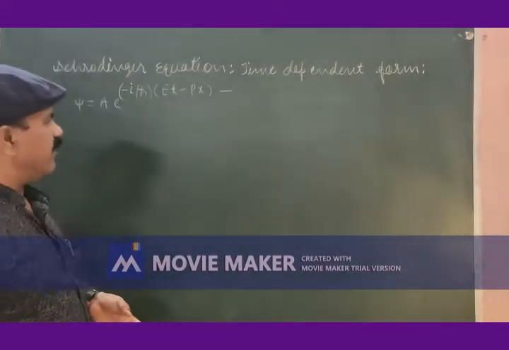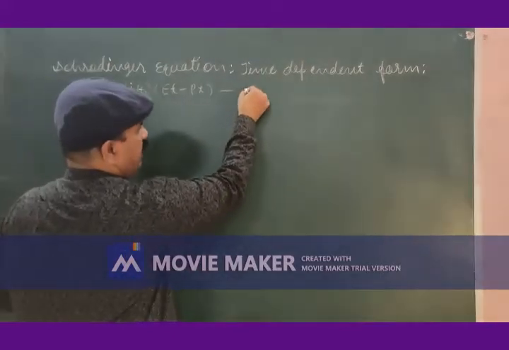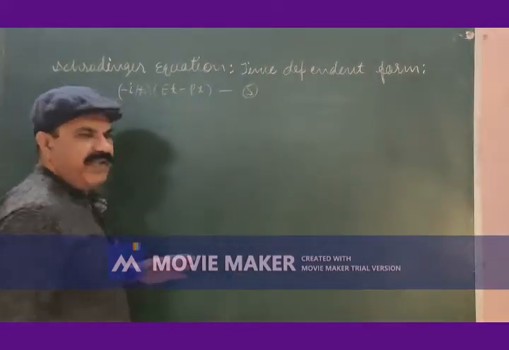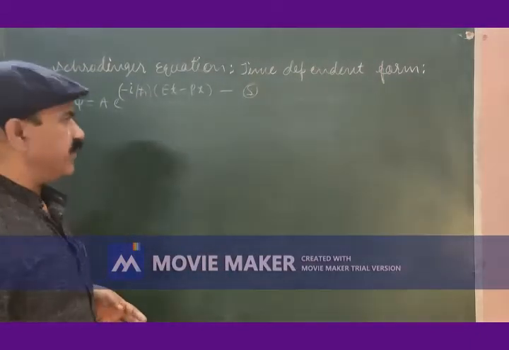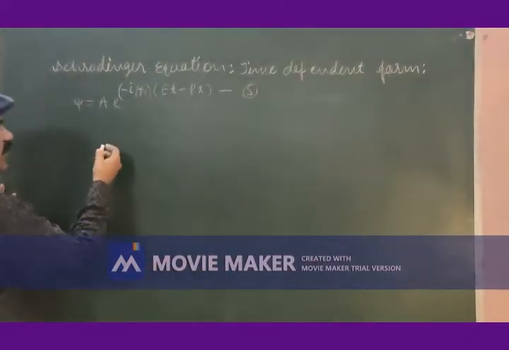This equation number, I don't remember, maybe 5. You may proceed with the correct equation number. This equation number was obtained from this equation.